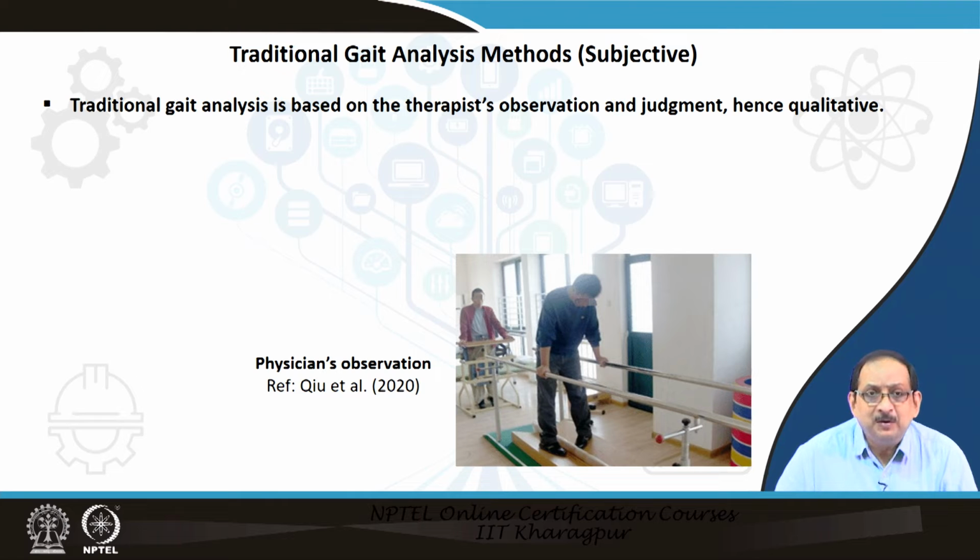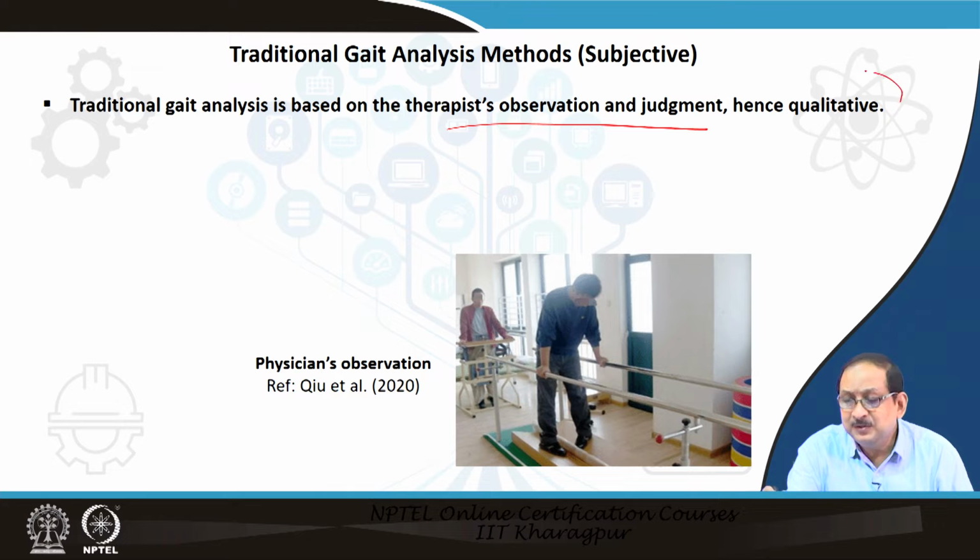Let us discuss the traditional gait analysis methods, which are subjective in nature. The traditional gait analysis is based on therapists' observation and judgment. Hence, it is qualitative in nature.